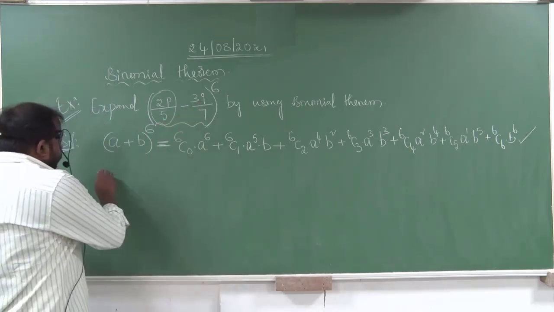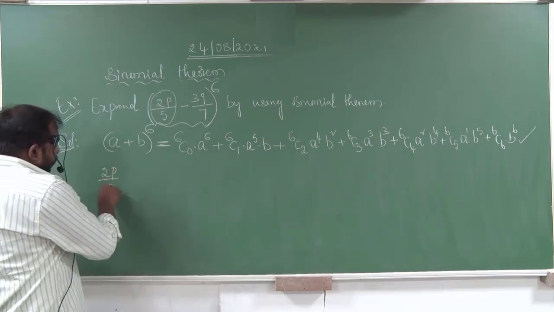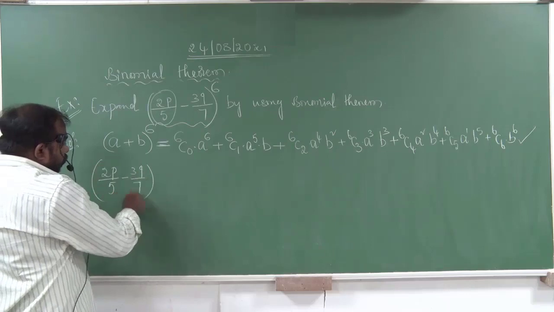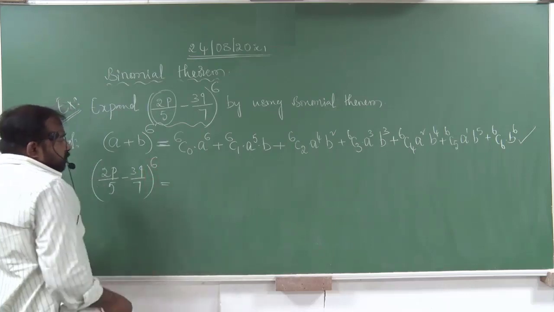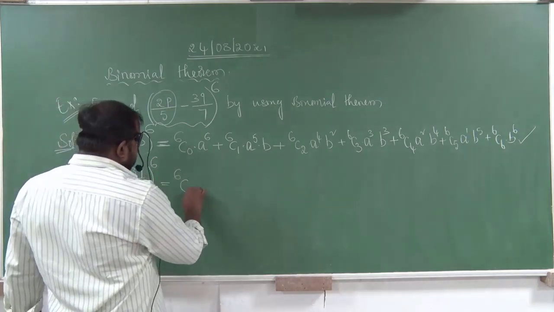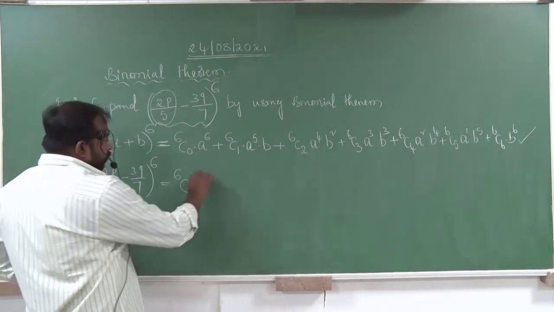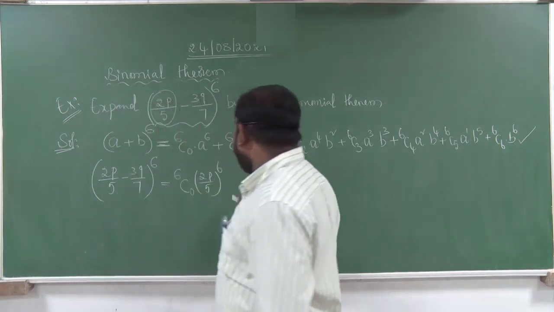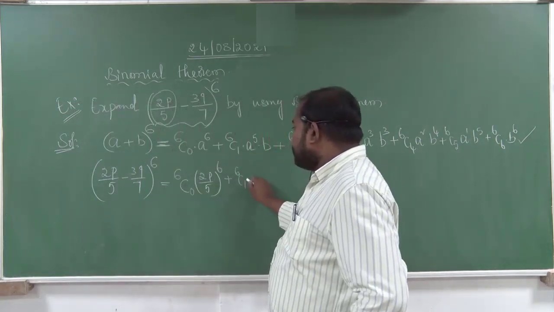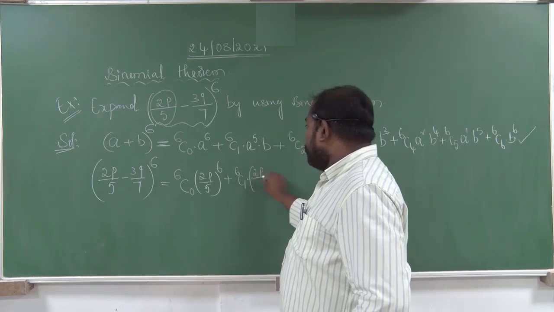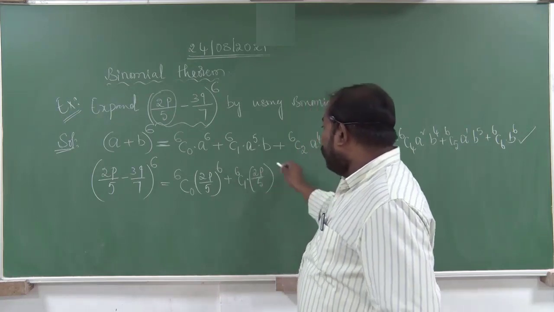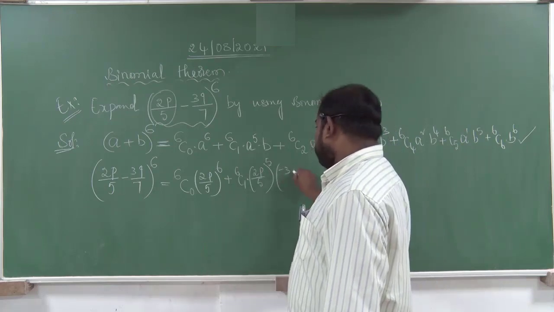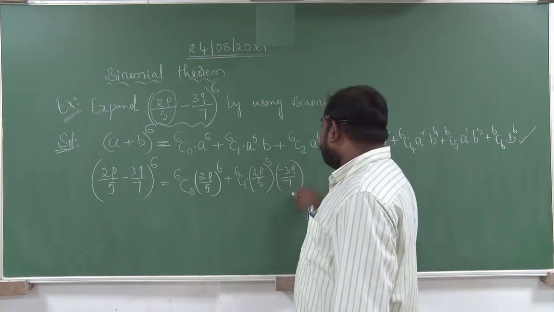Then expand this value. Therefore (2p/5 - 3q/7) whole power 6. What is the value? Tell me. 6c0 into (2p/5) whole power 6, plus 6c1 into (2p/5) whole power 5 into b. What is the b value? Minus 3q/7.